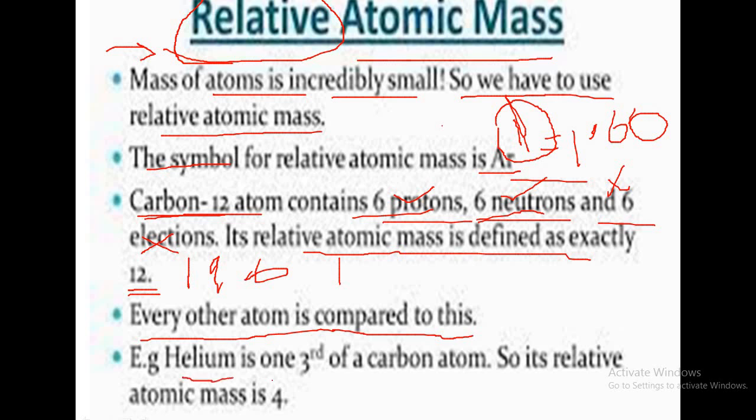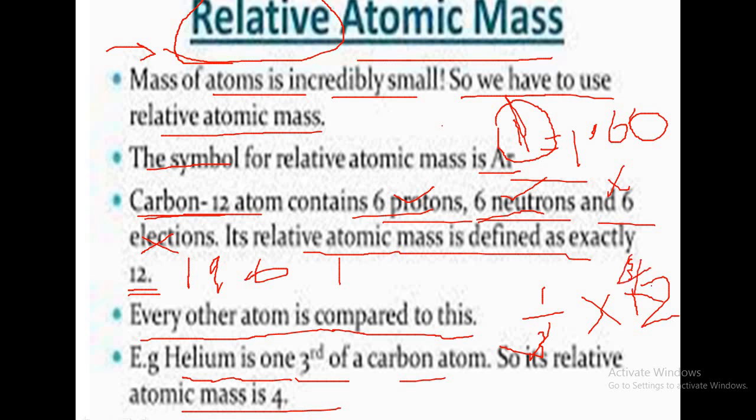For example, helium is 1/3 of the carbon 12 atom. So 1/3 of 12 is 4. That is why the atomic mass of helium is 4.